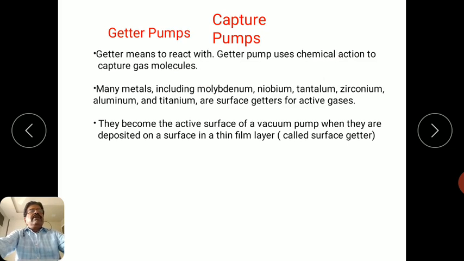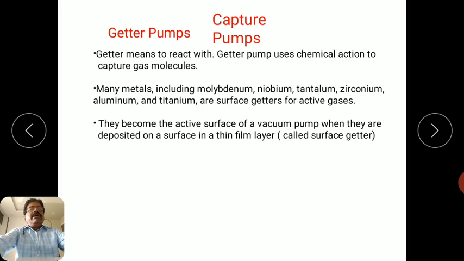Some of the metals like molybdenum, niobium, tantalum, zirconium, aluminum and titanium are surface getters for active gases. Surface getter means that there should be some mechanism so that they can be deposited on the inner surface of your vacuum chamber, and the gas molecules present in the vacuum chamber can react on the metal acting as a getter on the surface, and there they are captured.